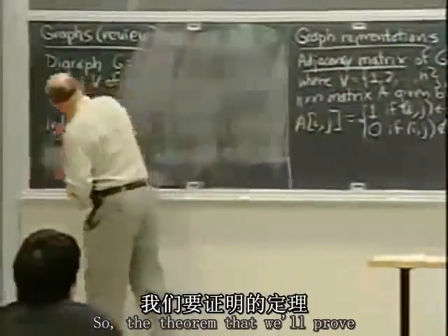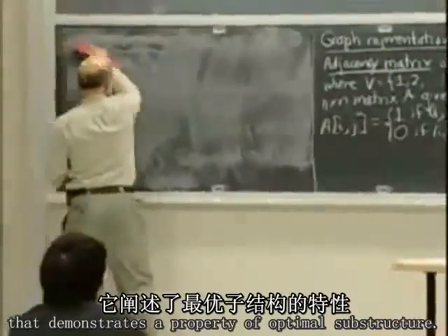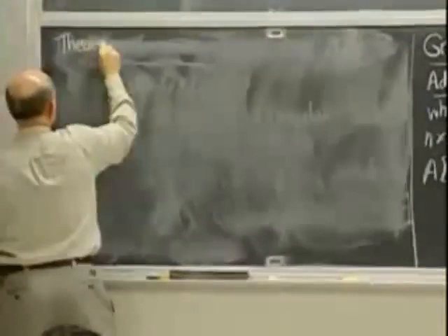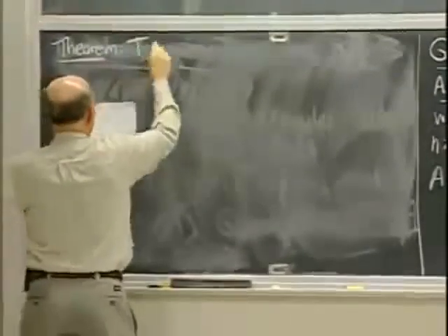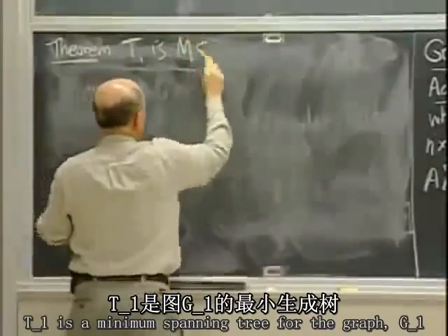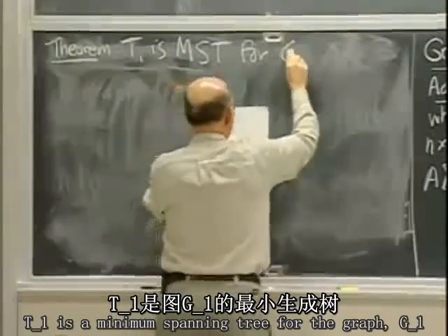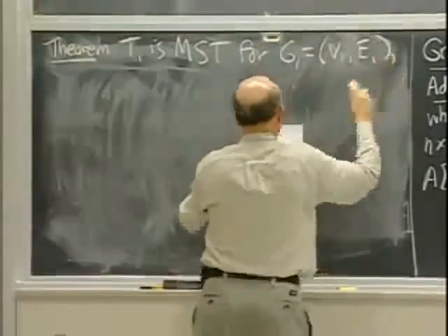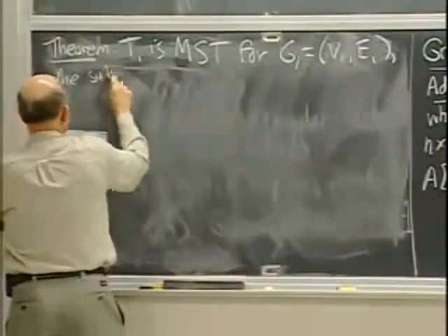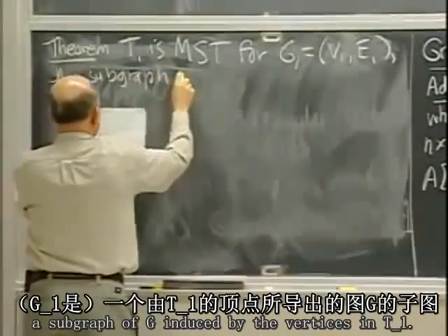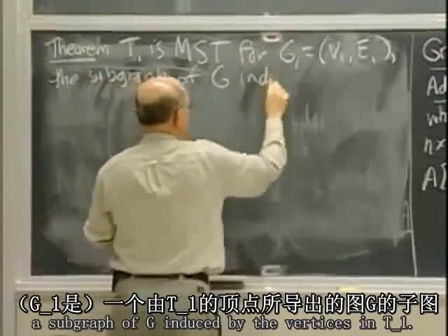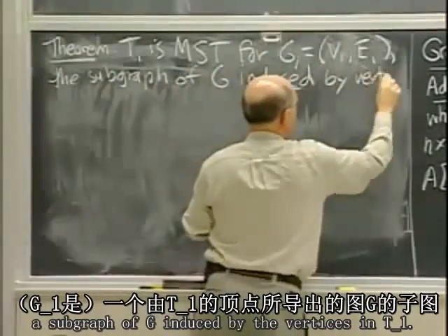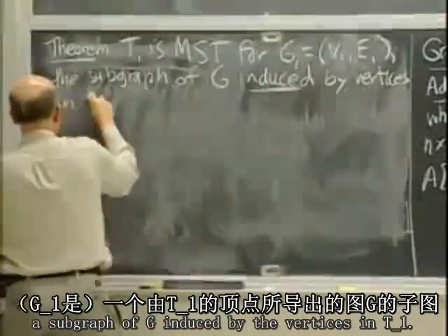So the theorem that we'll prove that demonstrates a property of optimal substructure is: T1 is a minimum spanning tree for the graph G1 = (V1, E1), the subgraph of G induced by the vertices in T1.